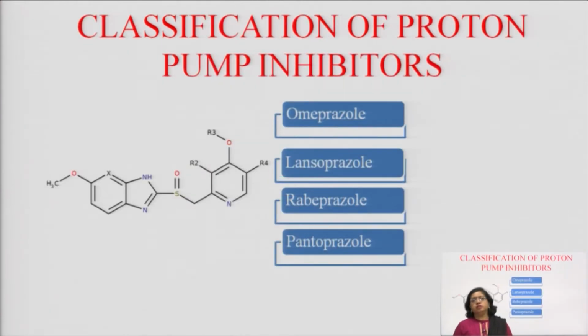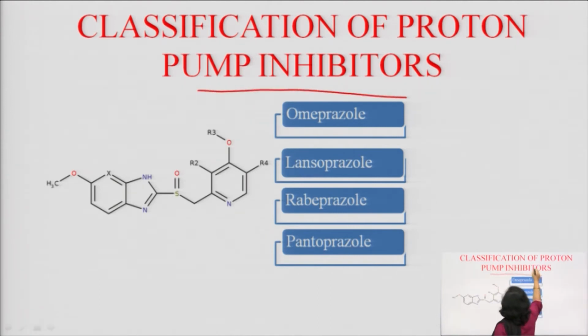There are various drugs used to treat these conditions: peptic ulcer, GRD, dyspepsia and gastritis. Those drugs are proton pump inhibitors.